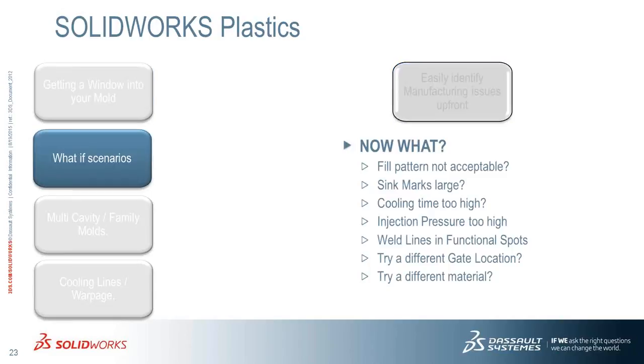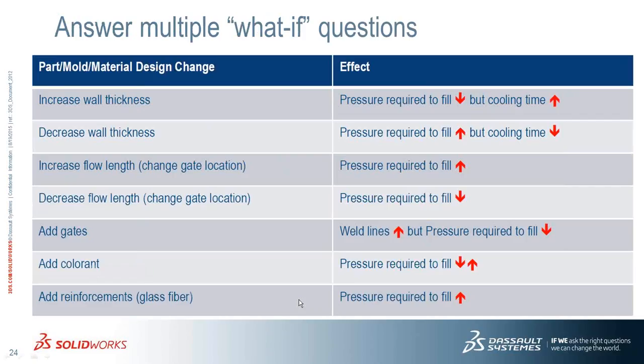Next, we're going to talk about what-if scenarios, wherein the user gets to answer different types of questions, whether the sink marks are large or should the injection pressure be reduced, or should a different gate location be tried. Basically, one can evaluate different effects of different parameters on the overall quality of the product.